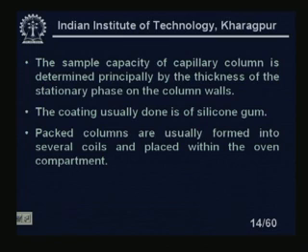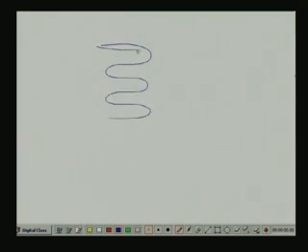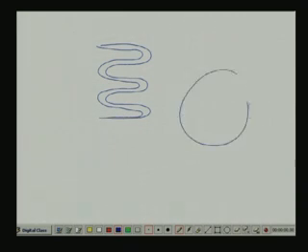Packed columns are usually formed into several coils and placed within the open compartments. Okay, several coils we have seen. The coil looks like this, it can be coiled like this one also, but it is better if it comes in and goes out like this one.